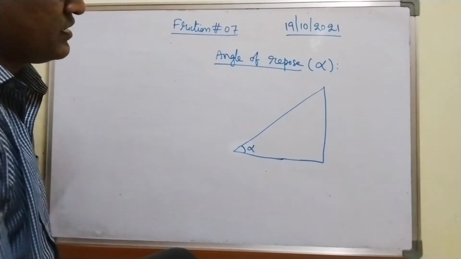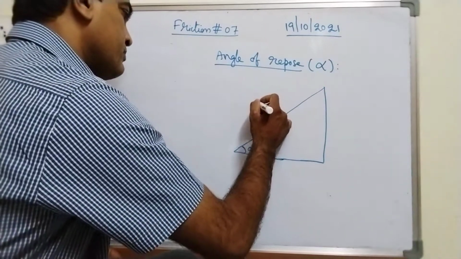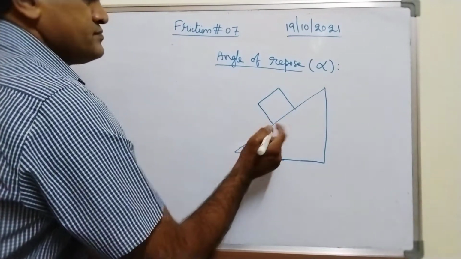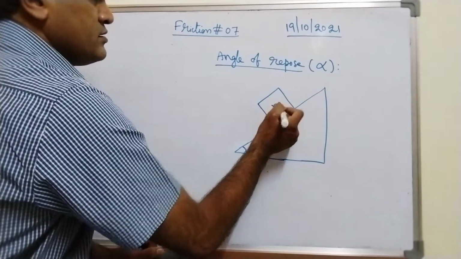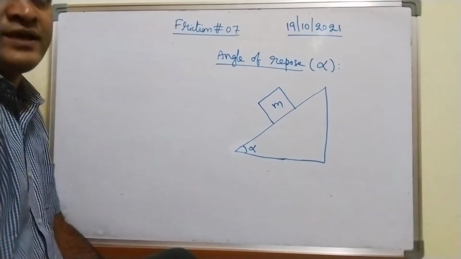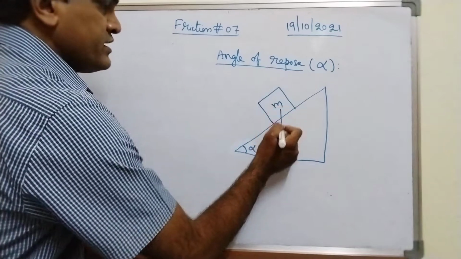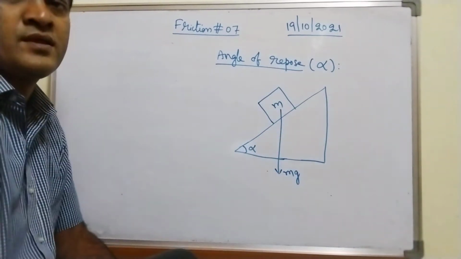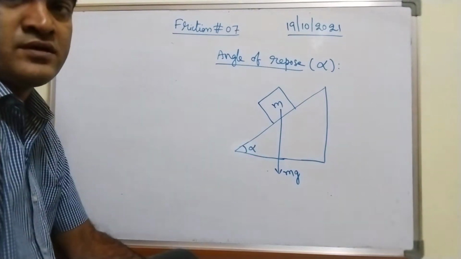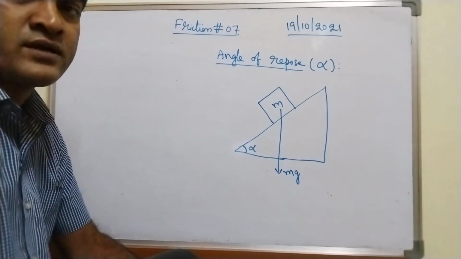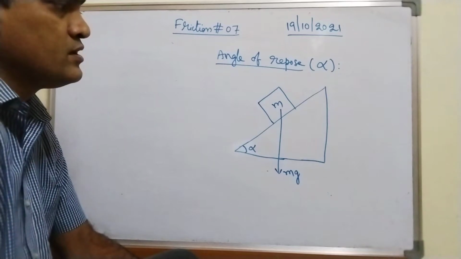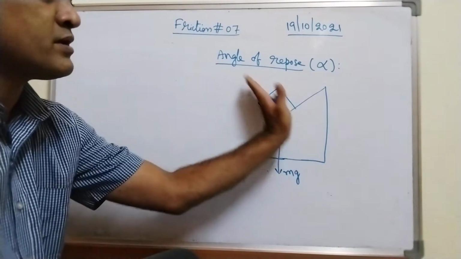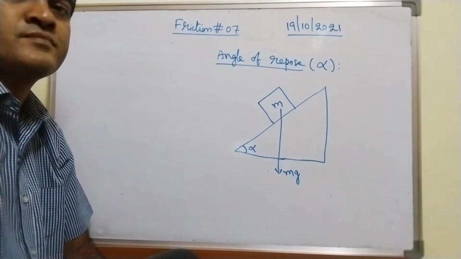When I put a block of mass, let's say, m, on an inclined plane, its weight mg always acts vertically downwards, and this weight is resolved into two rectangular components. One is parallel to the inclined plane and the other one is perpendicular to the inclined plane.